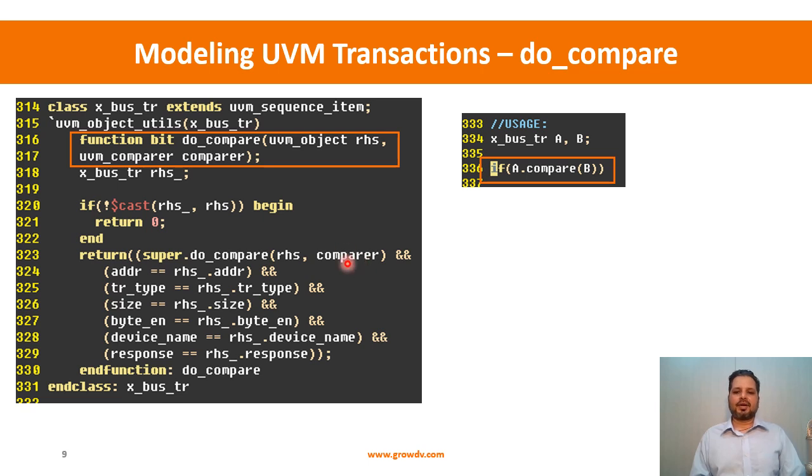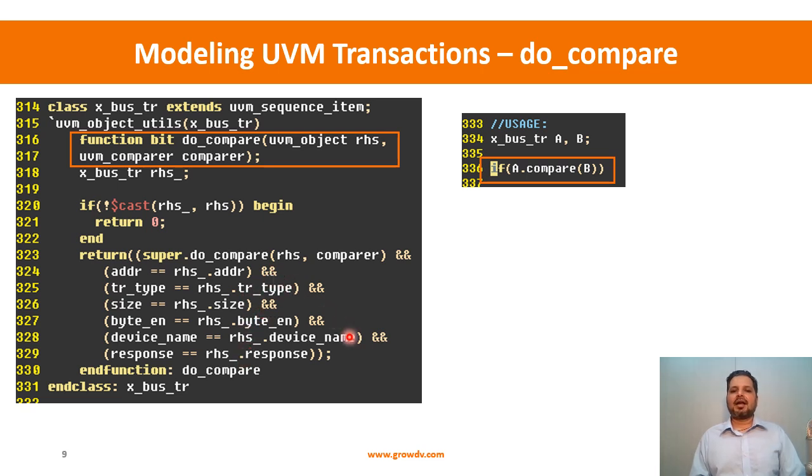This policy object you can just keep passing as it is, whatever you have received. What additionally we are doing over here is the logical AND, where we put the comparison on each of the fields. That is the current object's address, which in this case will be A object's address, whether it is equal to RHS underscore dot address, which will be the B object, which we have cast and assigned into the handle RHS underscore. Then transaction type, again for A, is equal to RHS underscore dot transaction type, which is B. So on and so forth for each of the individual fields.